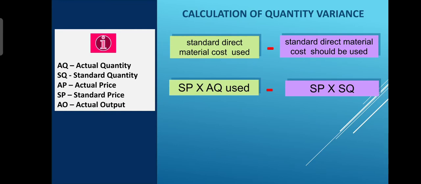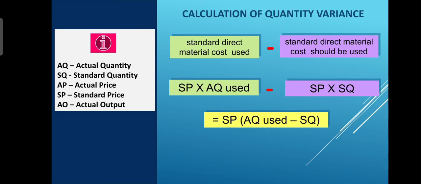That is SP times AQ used minus SP times SQ. SP is standard price, AQ used is actual quantity of materials used, and SQ is standard quantity. If you want to factorize it, it will be SP bracket AQ used minus SQ.